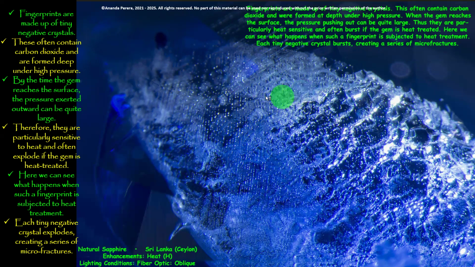So when we see this, we can decide this is a heated stone. All are microfractures because CO2 bubbles and H2O bubbles are inside these negative crystals. Those explode. Especially H2O bubbles explode dangerously. So that is the reason.